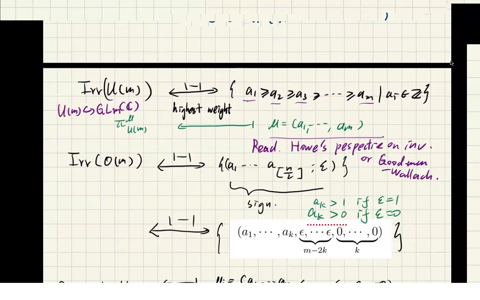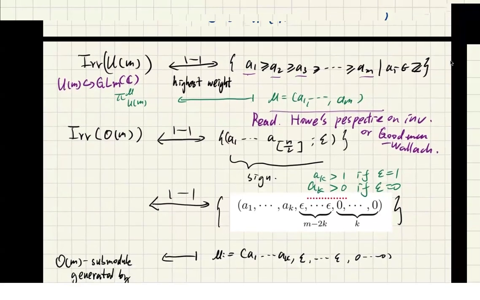I will send the paper in the group. And for irreducible representations of the orthogonal group, it is again from the highest weight theory, you basically will have a set of integers a_1 to a_m divided by 2, but the orthogonal group is not connected, so you have to deal with the sign. So this epsilon tells you about the sign. But this is not a good classification somehow.